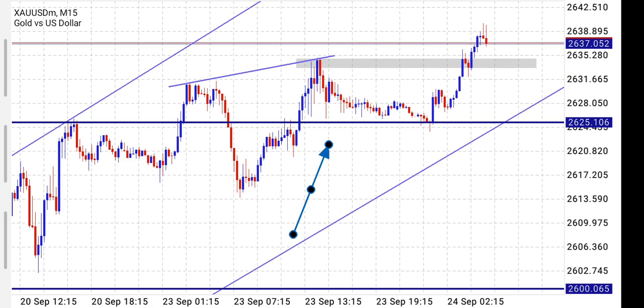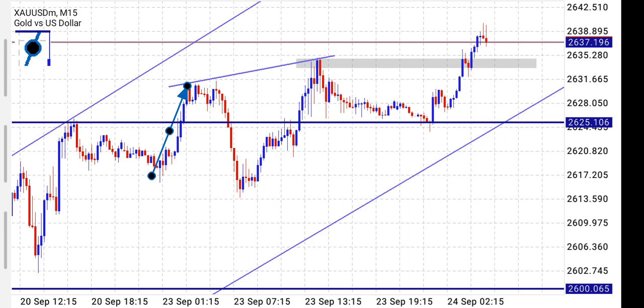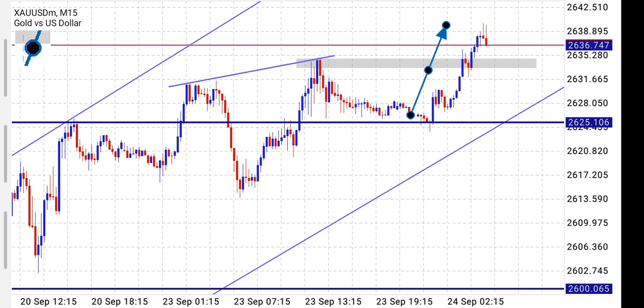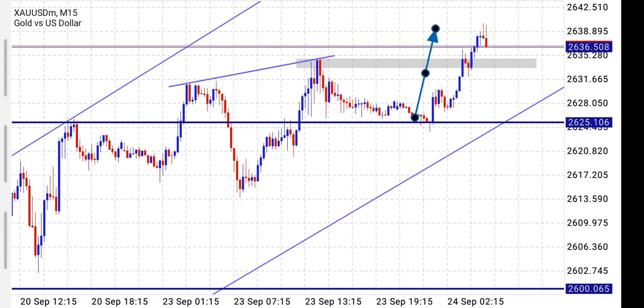So, as y'all can see, we had our first rejection, second rejection, and honestly, I really thought that price was gonna drop to the downside, but eventually, price just started consolidating, and we had that subsequent bullish candle, and now y'all can see that gold is continuing its bullish streak, right?